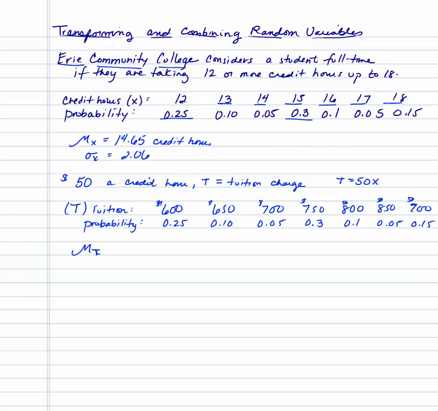I'm going to put mean of T. Now, if it was 14.65 credit hours before, I could calculate it by doing 600 times 0.25, 650 times 0.10, and so on. But technically, if my mean was 14.65 credit hours times $50, that's about $732.50. The standard deviation would be about $103.